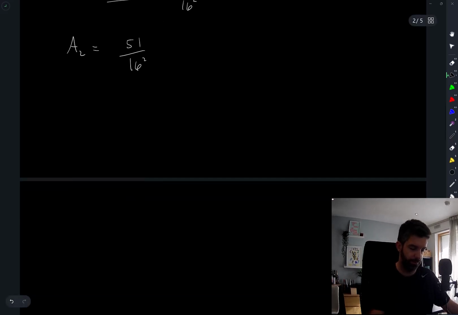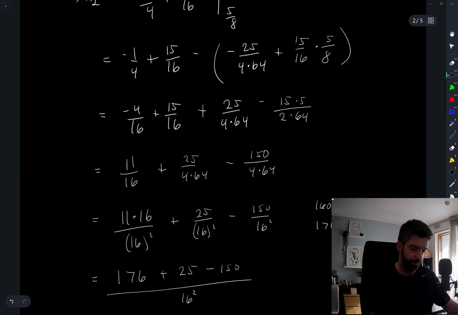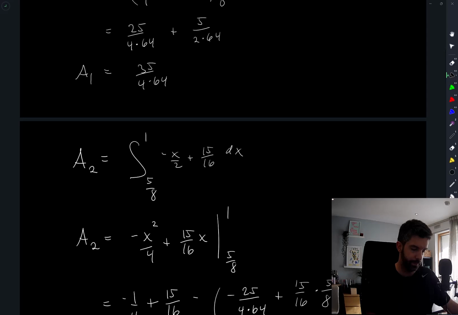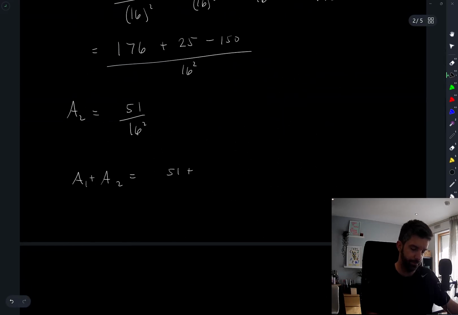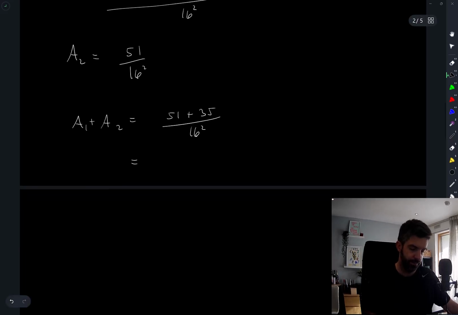Okay, finally, A1 plus A2 is 51 plus 35 over 16 squared. 86 over 16 squared.